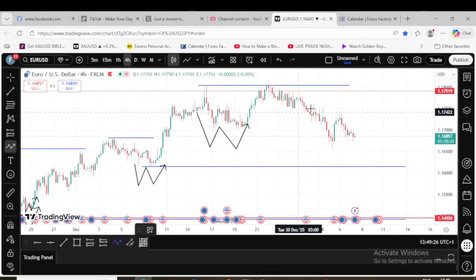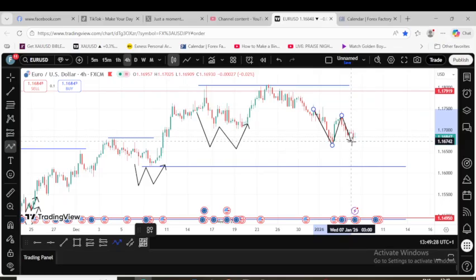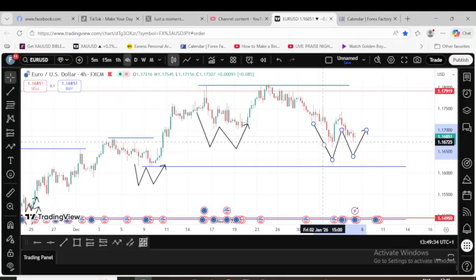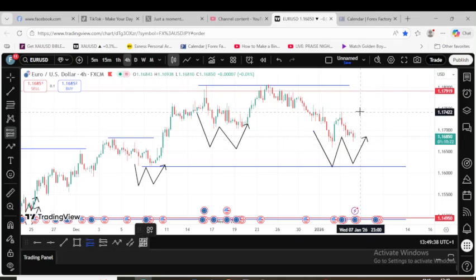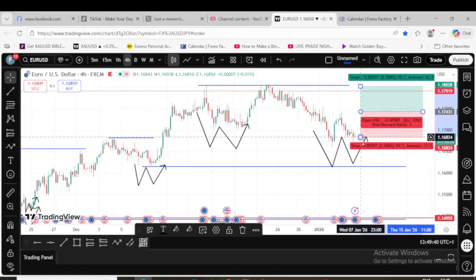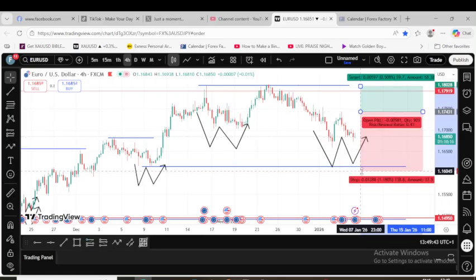And right now we see that price looks like it might be about to give us another W pattern, because if price comes all the way back up to here, then it will be a W pattern. So if we spot a W pattern, then we'll enter about here. Our stop loss should be somewhere around here, and then our target will be at least here.